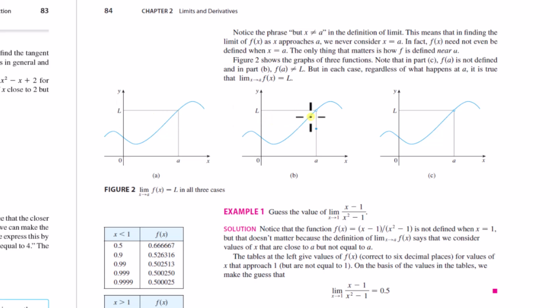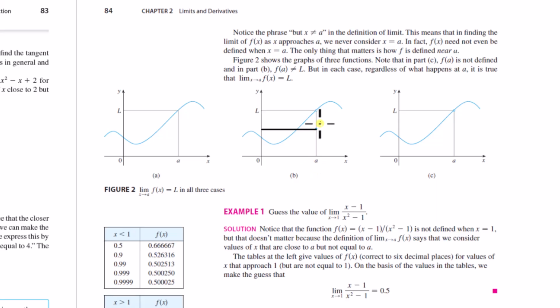Now, if we come here, they've changed it up. At x equal to a, the function is still defined, it's defined to be this value, but it's not a smooth curve anymore. But again, who cares? The only thing that's changed from this limit to this limit is what the function is doing at the point A, which is completely meaningless.